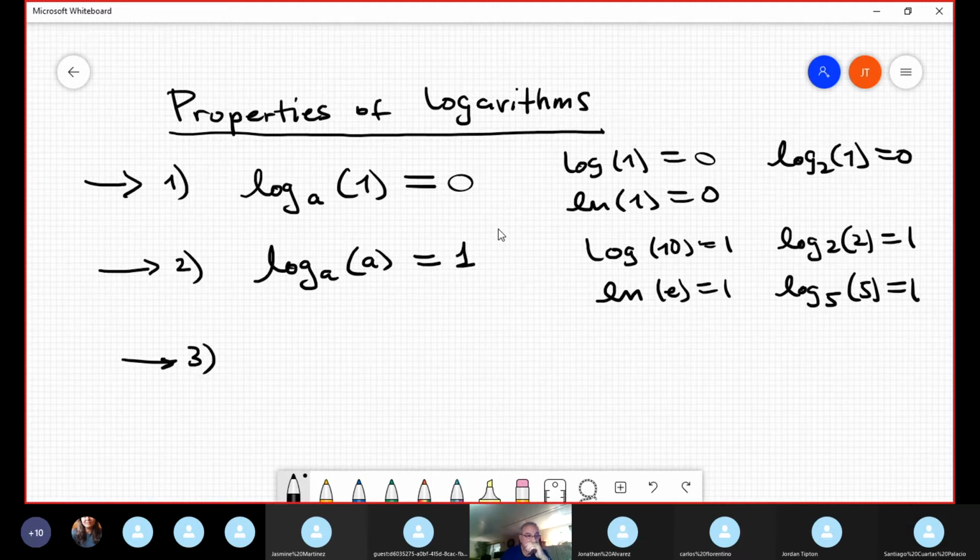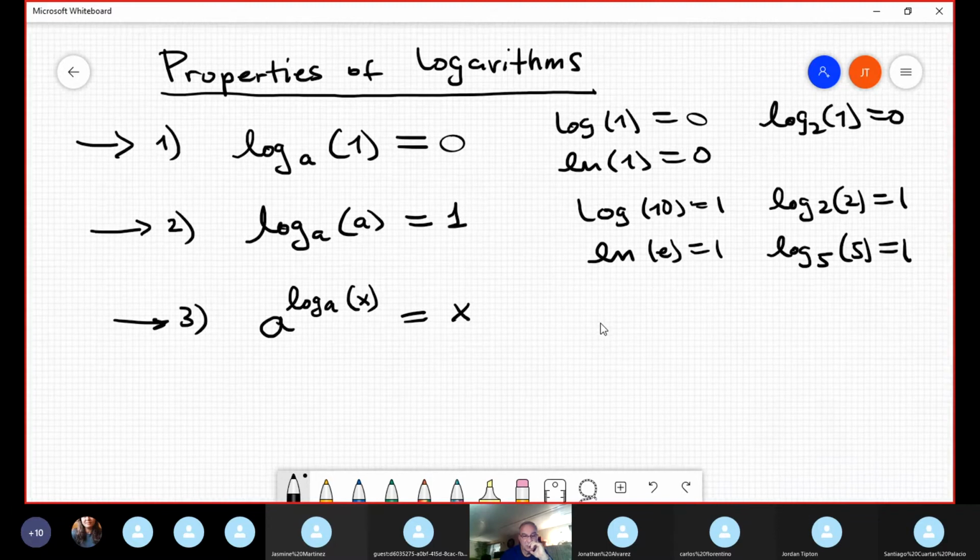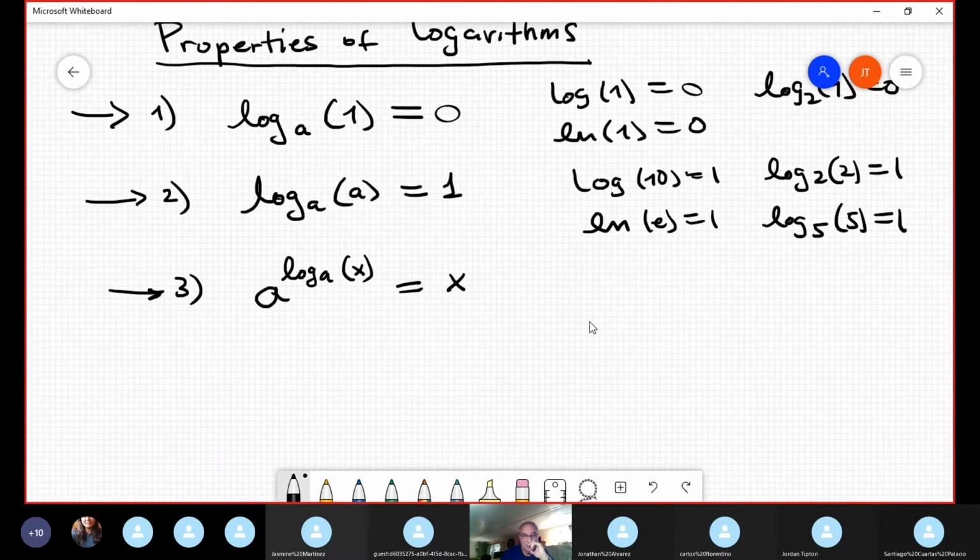It's like any number, suppose a is the base of the hypothetical exponential raised to the log base a of x is equal to x. Wow, I don't understand this property very well. Okay, this property is a composition. Do you remember this idea?